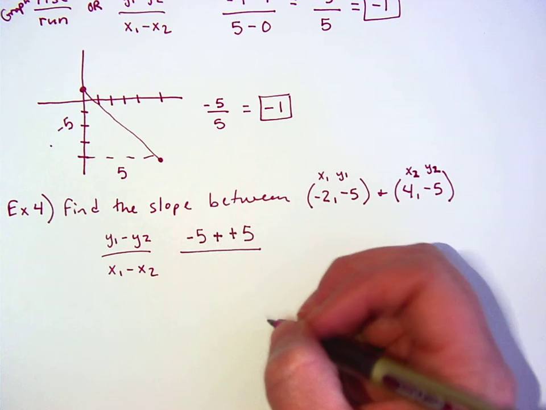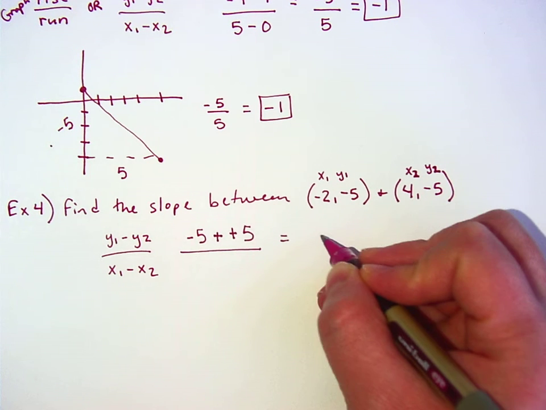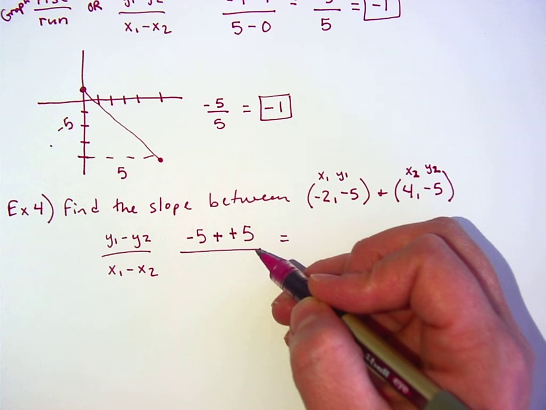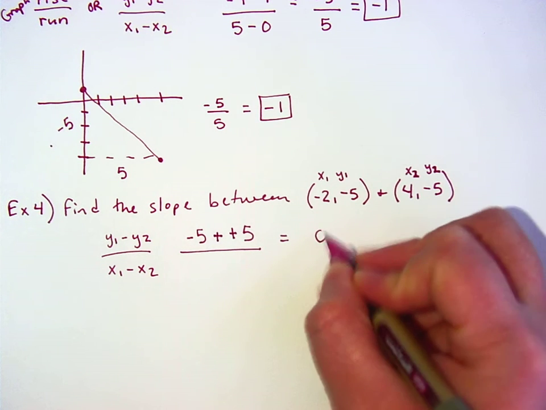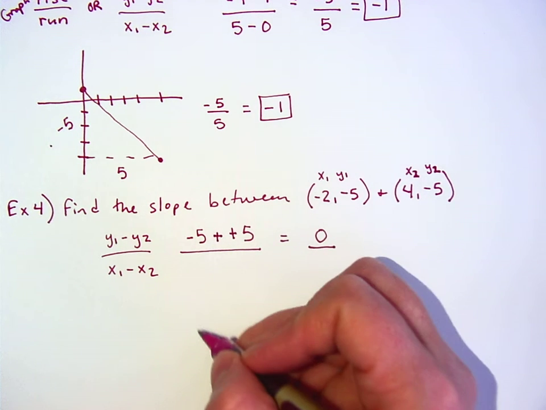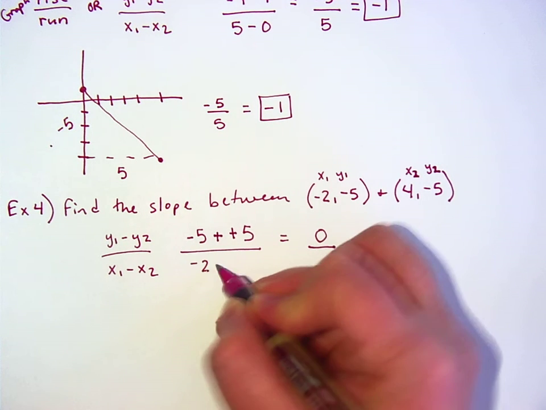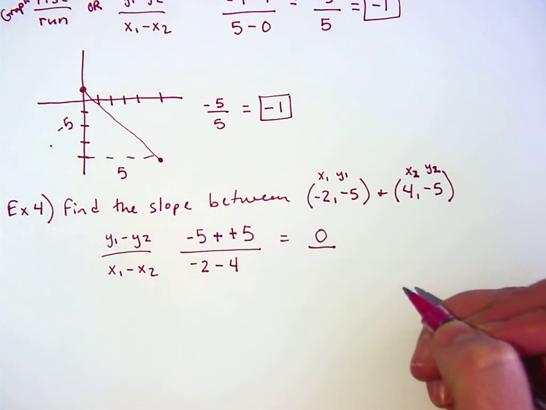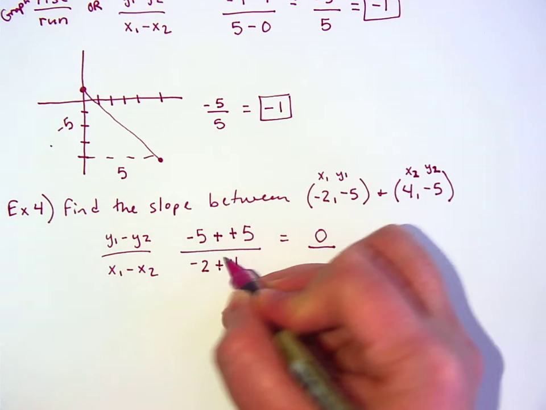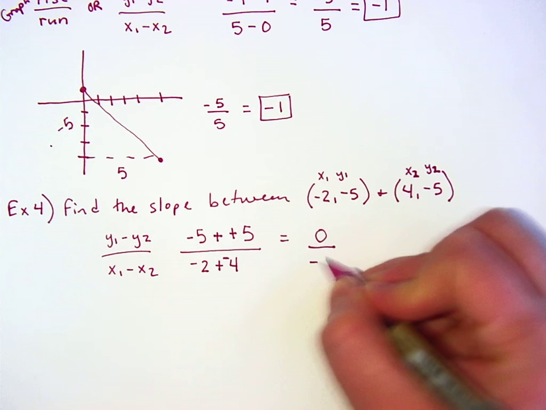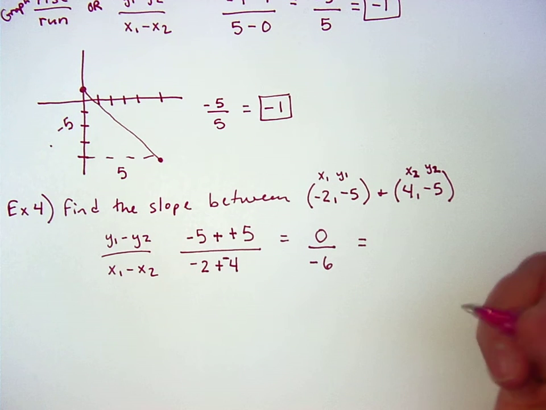So it's negative 5 plus 5, which is negative 10, right? Negative 5 and 5 cancel each other out and make 0. Pretty close. And then we got negative 2 minus 4, which is like a negative 2 and a negative 4, which makes it more negative, which makes negative 6. Nice. What's 0 divided by anything?